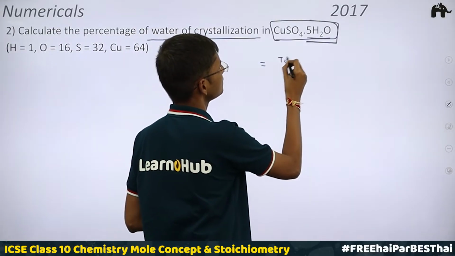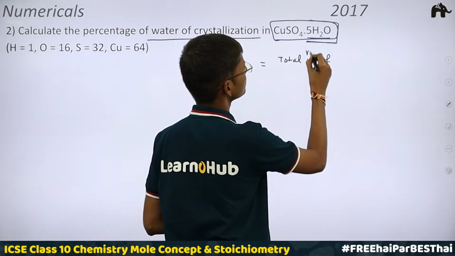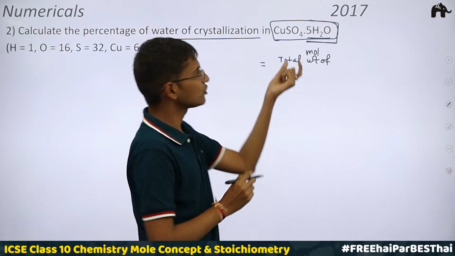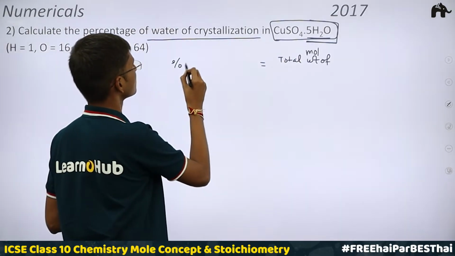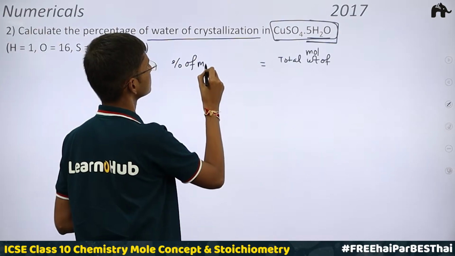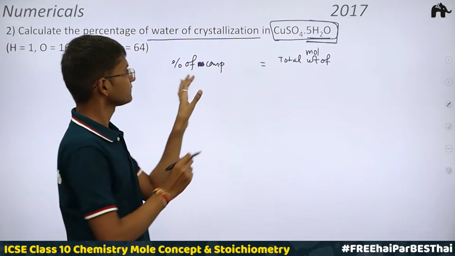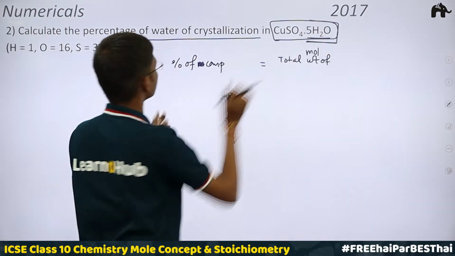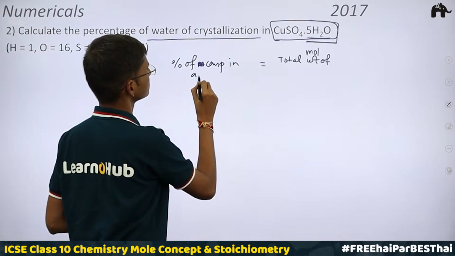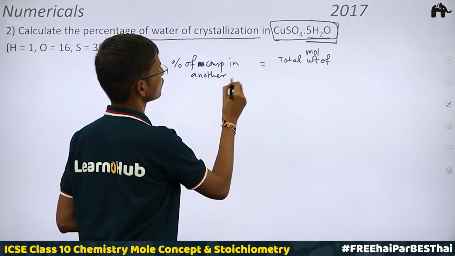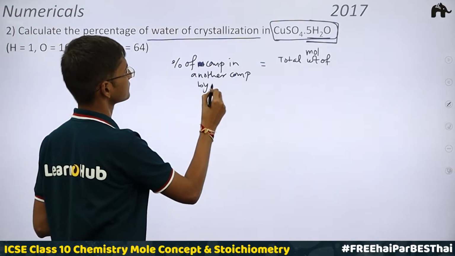What it is? The total weight. Now here it would be the molecular weight, because here we are finding out the percentage of the compound. This water is a compound, so it is the percentage of a compound in another compound, and it's by weight.